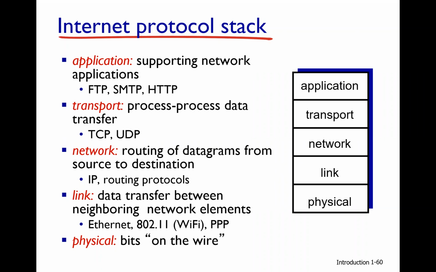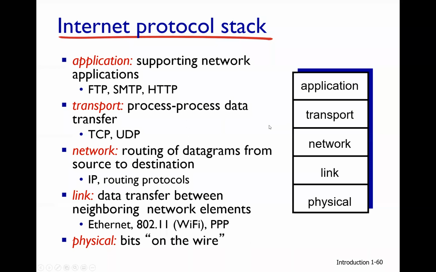The application layer supports network applications that you are pretty familiar with, such as HTTP, the protocol for web applications, SMTP, a protocol for early email systems, and FTP, another protocol for early file transfer applications. So the application layer is where network applications and their application protocols reside.